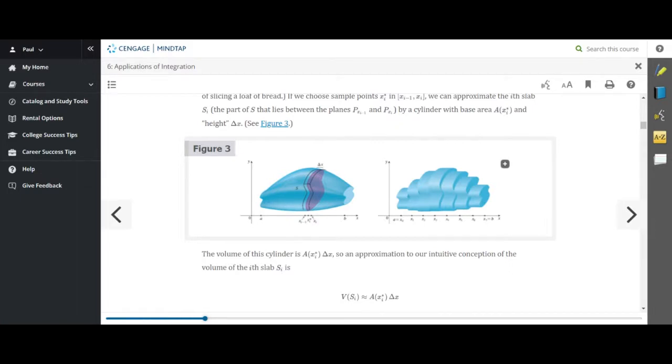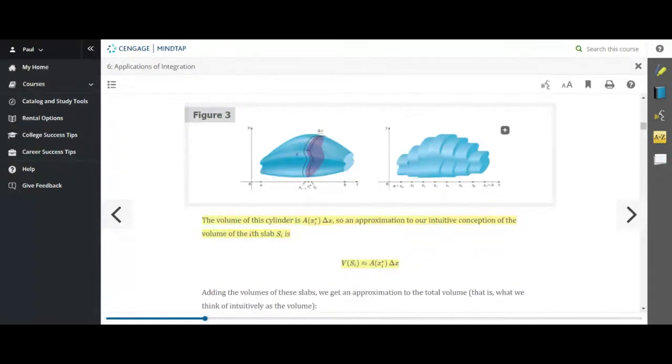That's volume, for instance. In figure 3, the second picture, they're breaking that solid up into lots of slices. Of course, the more slices we have, the better the volume approximation is going to be. They call the slab a cylinder.